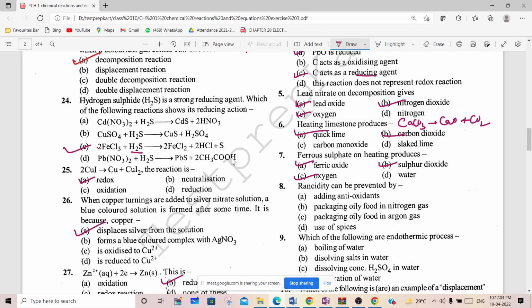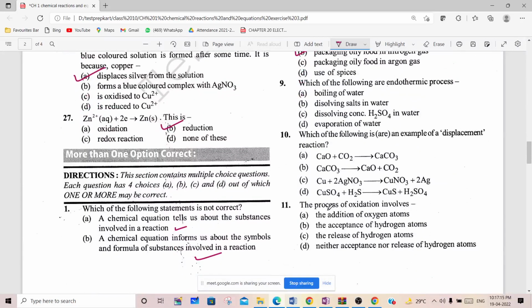Rancidity can be prevented by adding antioxidants and packing oily food in nitrogen gas. Decomposition. Both A and B. Endothermic process.